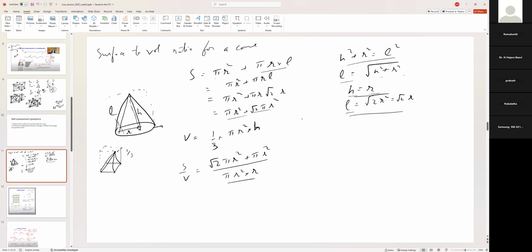Surface area by volume ratio becomes: root 2 pi gets cancelled, r square cancelled, we get root 2 plus 1 divided by r, and there was a 3 here, so it's 3 on top. So 3 root 2 plus 3 over r. This should be the surface to volume ratio for a cone.